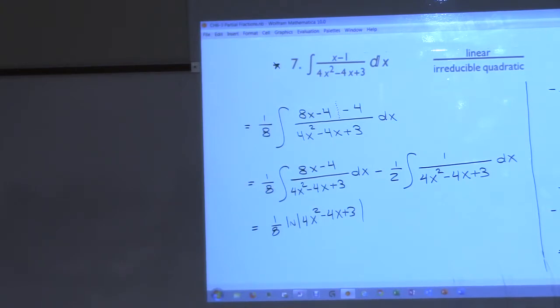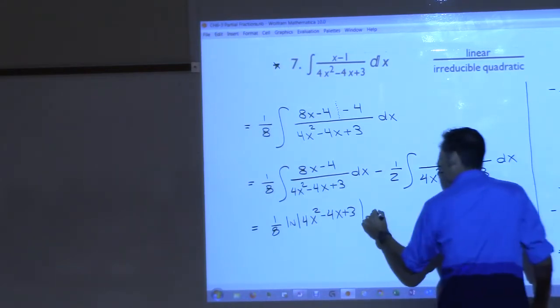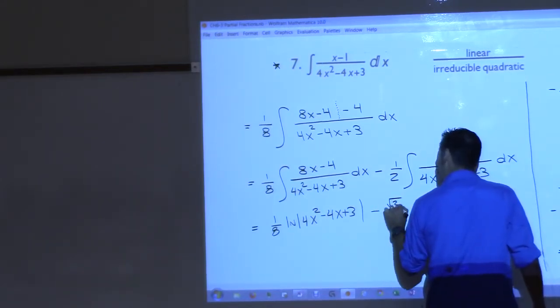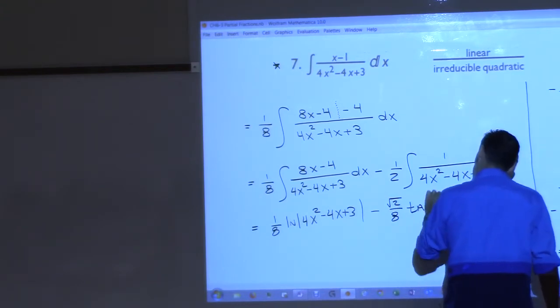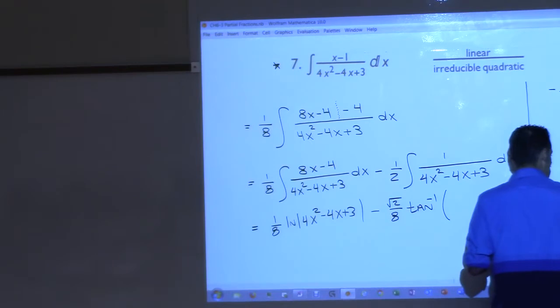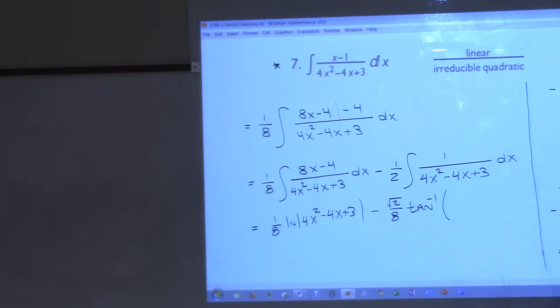So this is this integral right here, right? So it's time to put this back in over here. Now I'm going to clean this up. I'm going to flip that fraction, so it comes up and I have a root 2 on top, and that's going to be over here with this 1/8. So I've got something like negative root 2 over 8 arctangent of, and this is kind of up to you on how you want to write it.